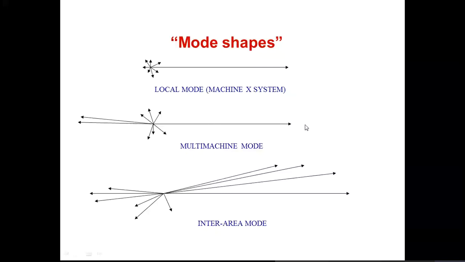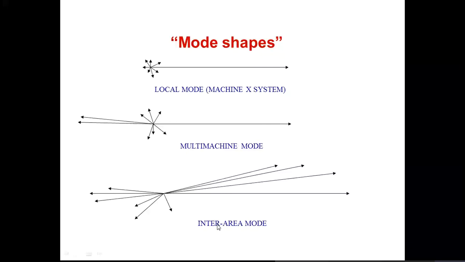That could also be observed as a local mode here. So maybe one generator, two generators have much higher oscillation in the same group, and they will be oscillating against the rest of the system. This could be a multi-machine local mode.